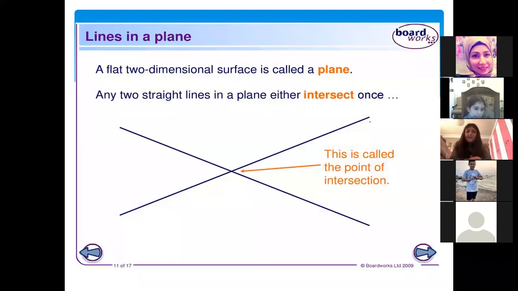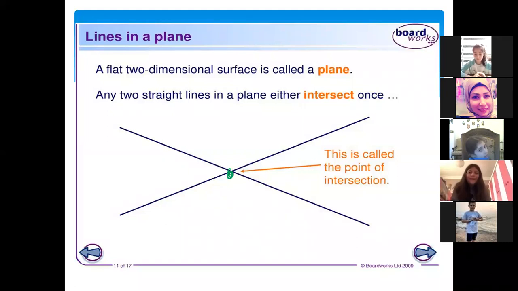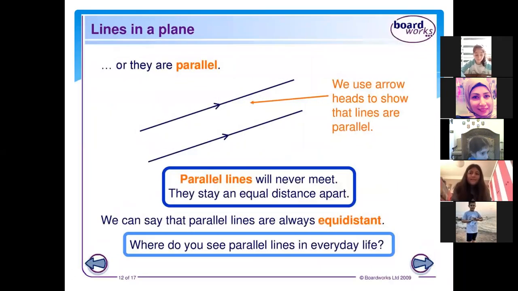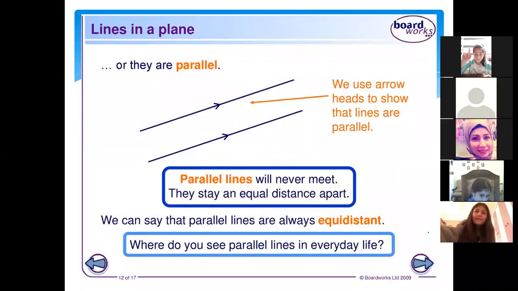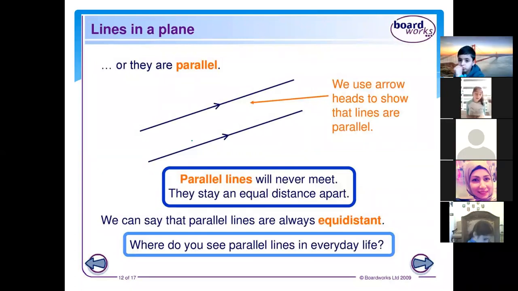Yes, Ranim, what do we call these two lines here? Intersecting lines. Why do we call them intersecting lines, Ranim? Because they meet at a point. Bravo, Ranim. Excellent. Jawad, what do we call these two lines here?